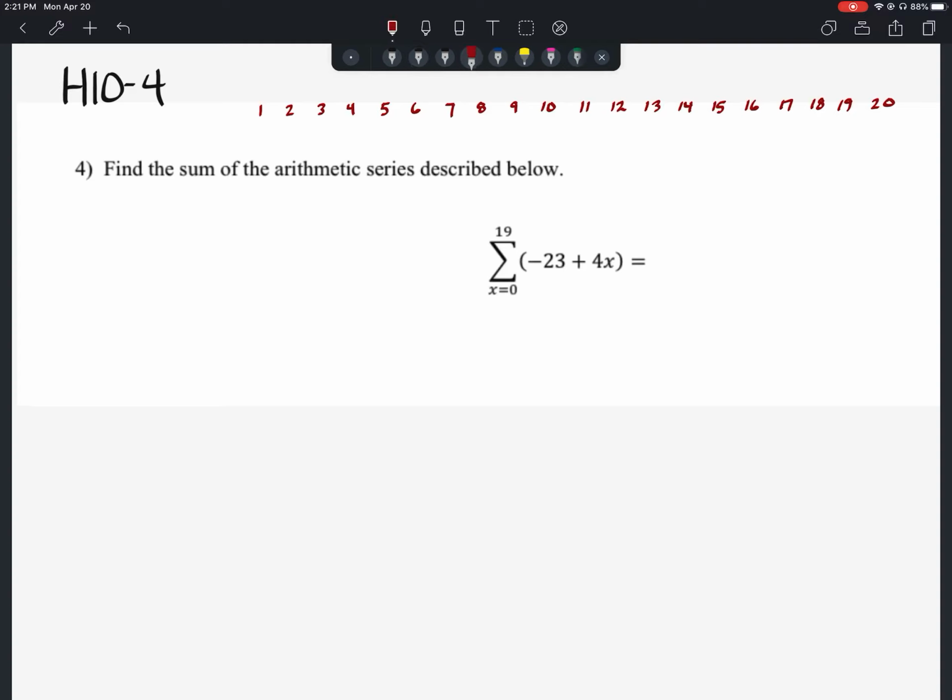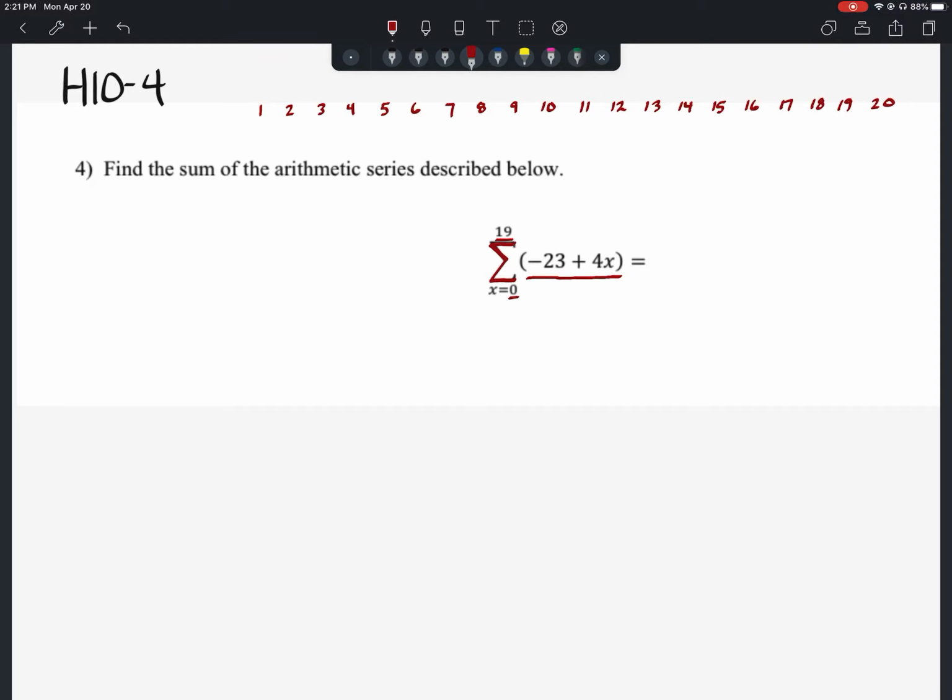This problem states, let's find the sum of the 0th term to the 19th term of that series that's formed when we use negative 23 plus 4x to find our output values.